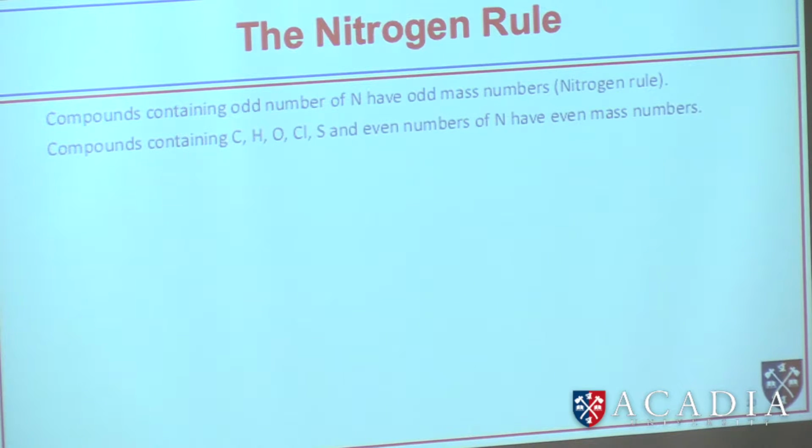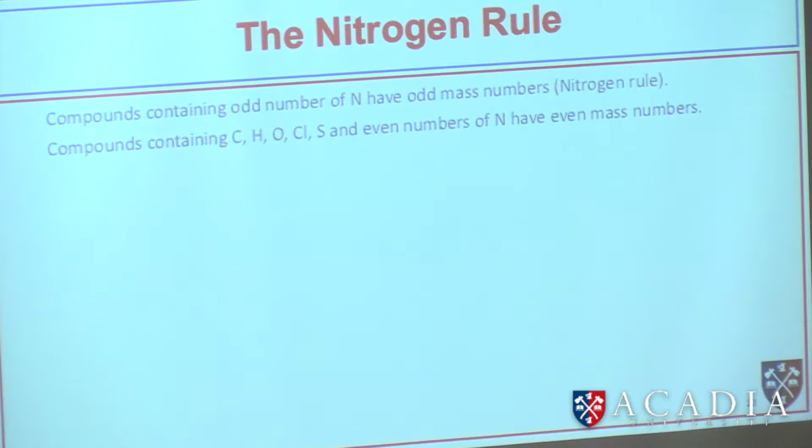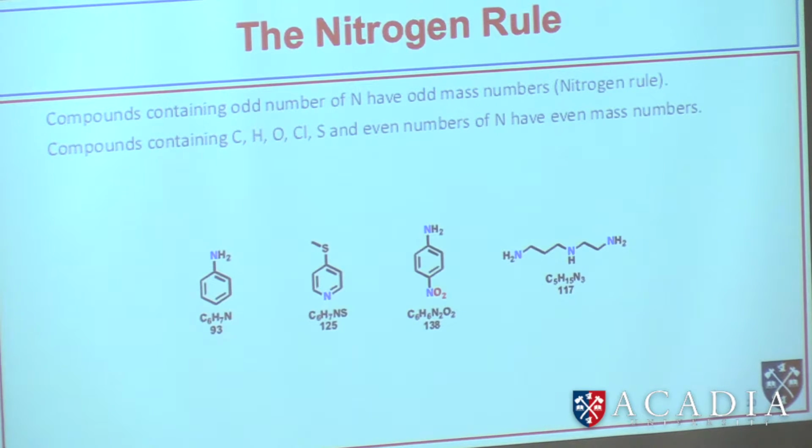If you have 2 nitrogens, it'll be even. Why? What's the molar mass of nitrogen? Well, it's 15, right? So if you have 2 nitrogens, you have 30. Hence the nitrogen rule. So if you have an odd number right away, you know there's probably nitrogen in there.